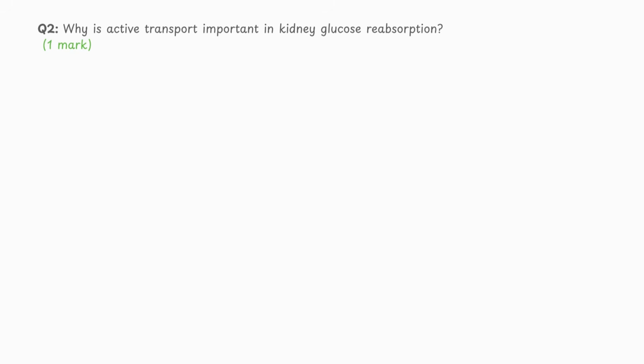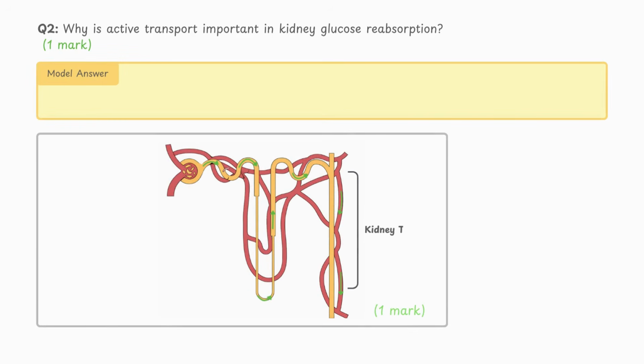For question 2, why is active transport important in kidney glucose reabsorption? This image shows the kidney tubule, where filtration and reabsorption take place. Glucose is first filtered out of the blood and enters the kidney tubule. The arrows show glucose being moved from the tubule back into the blood. This movement is against the concentration gradient, so it requires energy.